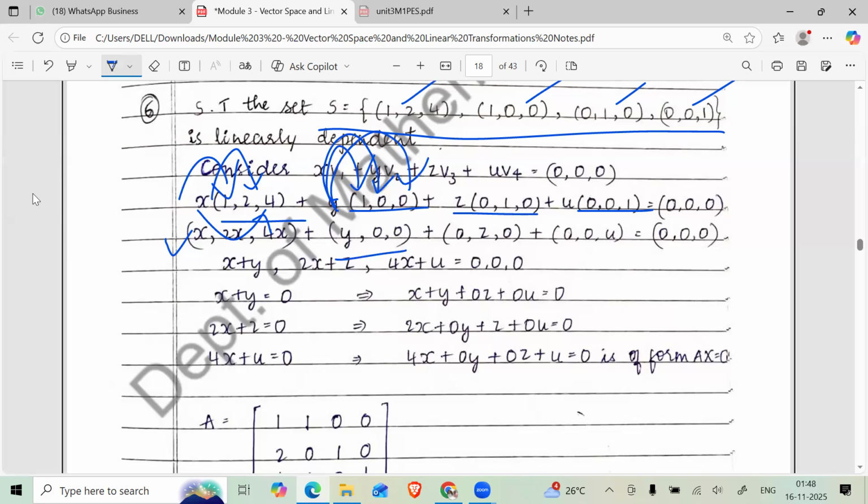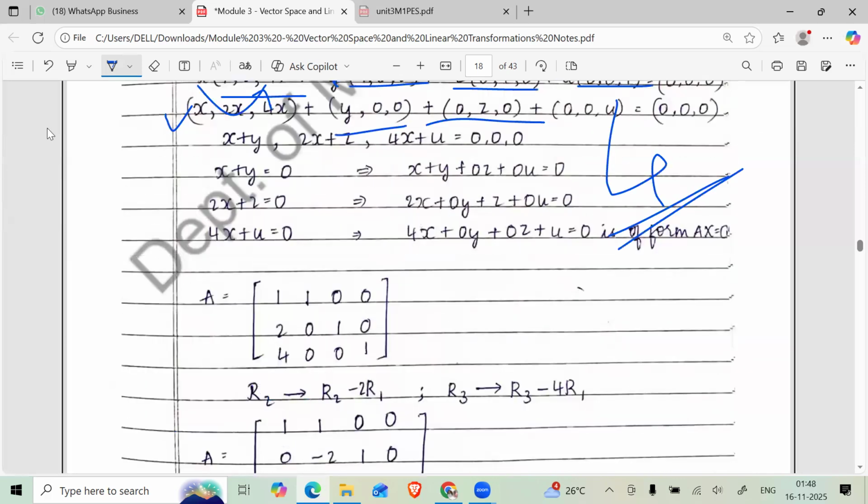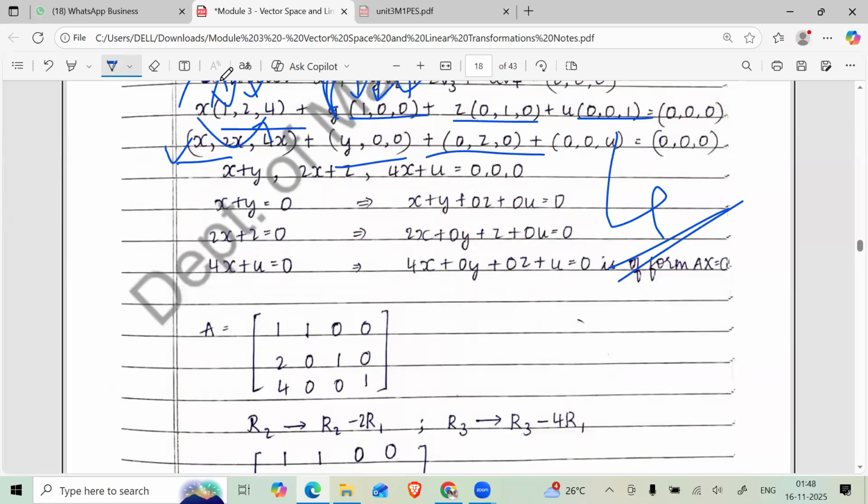So same thing. So how many unknowns are there? 4 unknowns are there. Correct? Then I know that you know how to make that equation. X plus Y plus 0 plus 0 is equal to 0. So similarly do for the other things.